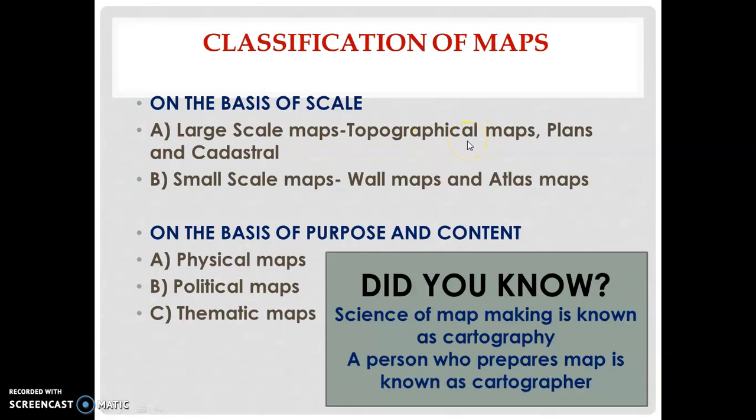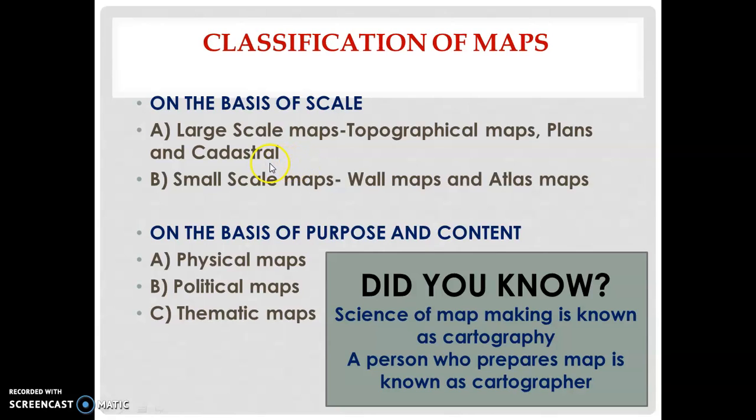Plans. What are plans? Plans are a set of two-dimensional diagrams or drawings used to describe a place. Plans are drawn or printed on paper, but they can take the form of a digital file. Now, what is cadastral?